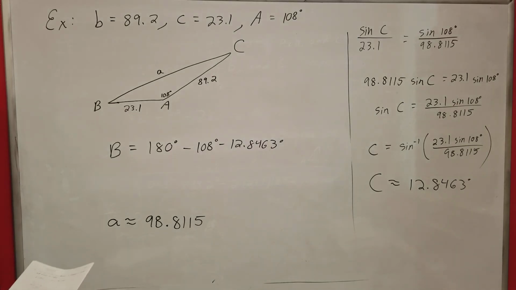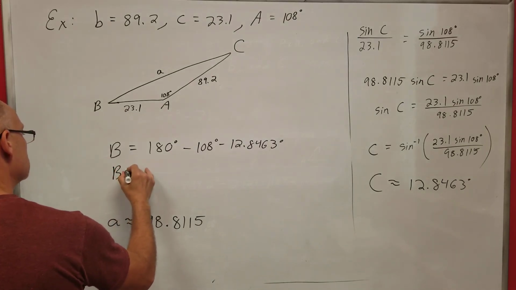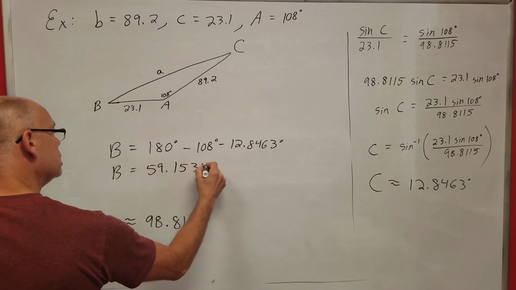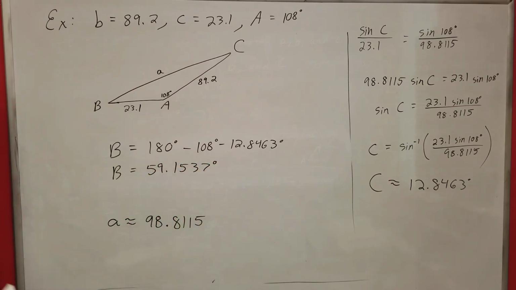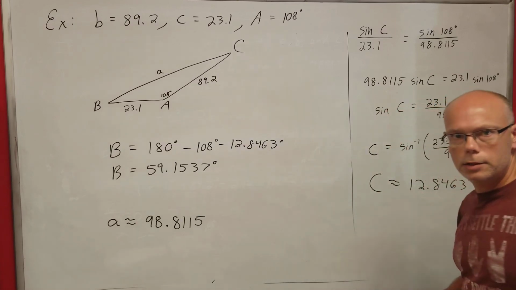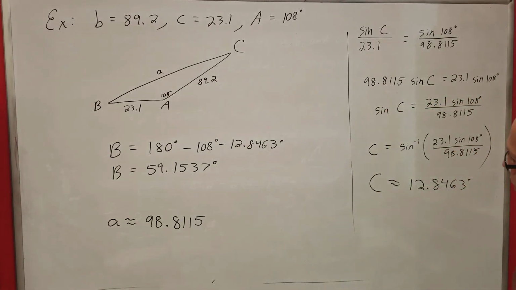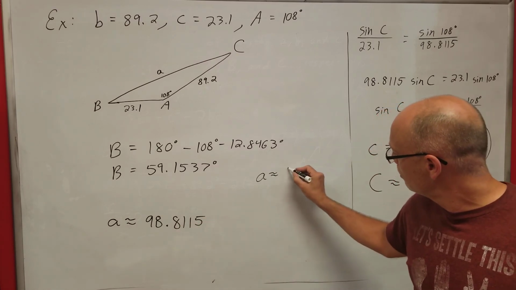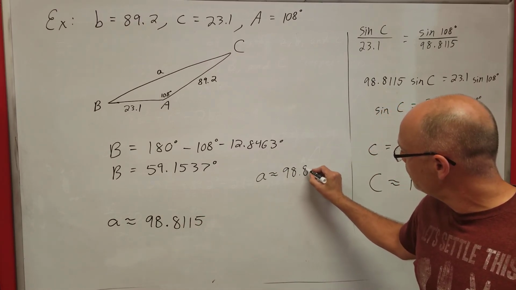And if I calculate this, I get B is approximately 59.1537 degrees. And let me list my answer here, rounded to 1 decimal place. So I got A was about 98.8.